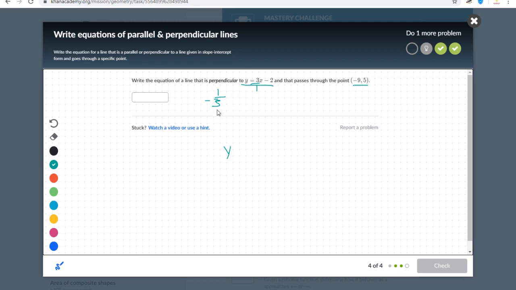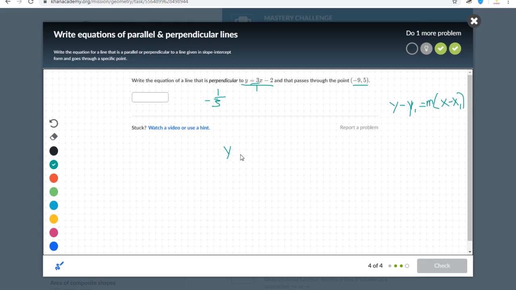So, with that new slope in mind, we can use this equation here. Y minus y1 equals m times x minus x1.